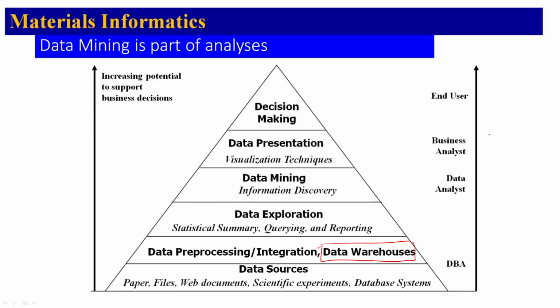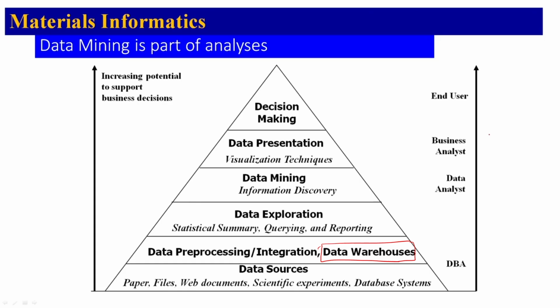Because just like big companies like Amazon keep a lot of items in their warehouses, similarly, data warehouses also keep data which are already pre-processed and integrated. It may not be pre-processed also. From that you can explore the data, you can make a statistical summary, you can have plots, you can create reports, that is what is normally done.